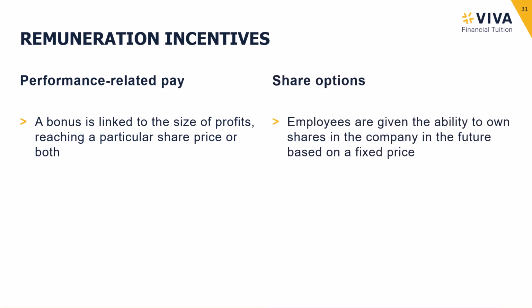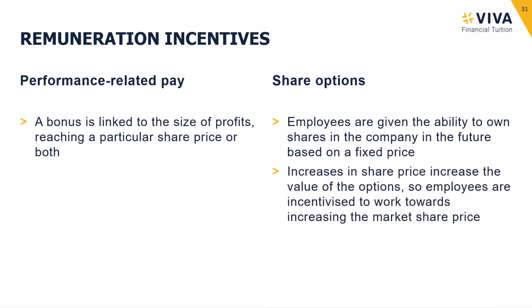Share options, this is where an employee is given the ability to own shares in the company at some point in the future based on a fixed price. Now, increases in share price increase the value of those options, so employees are incentivized to work towards increasing the market share.